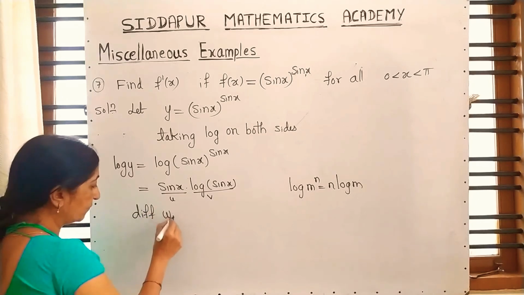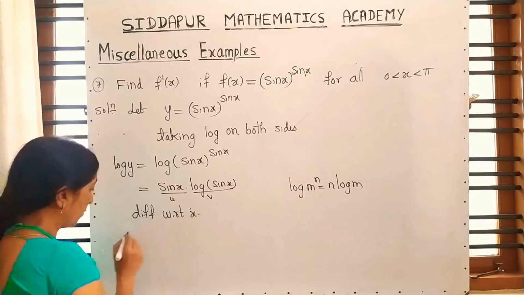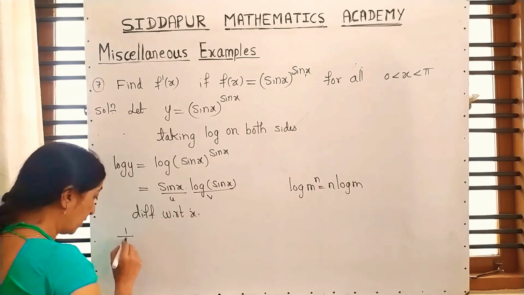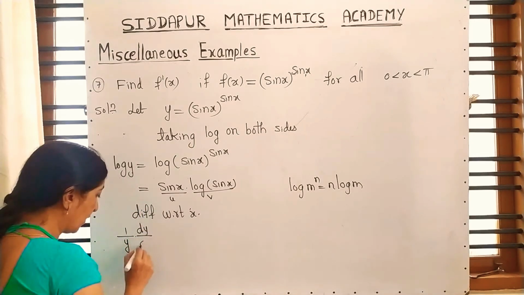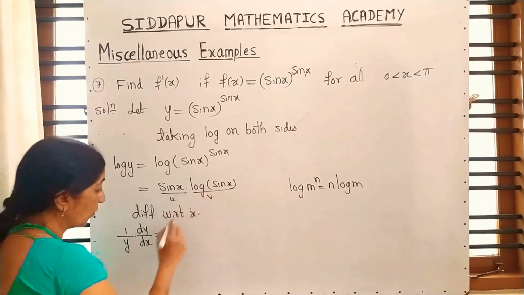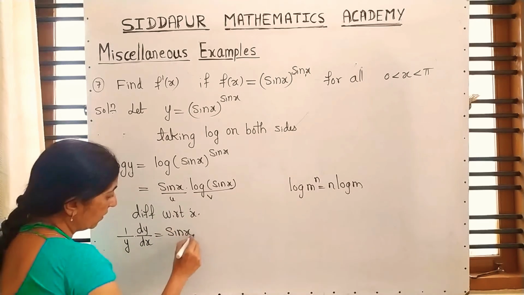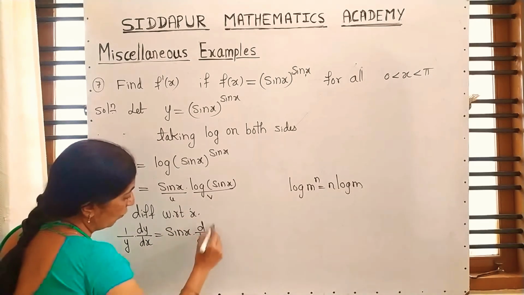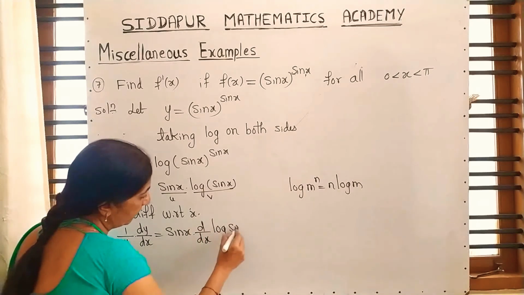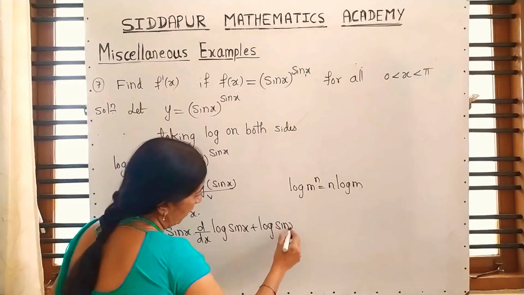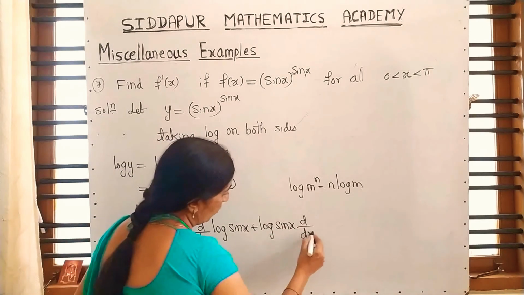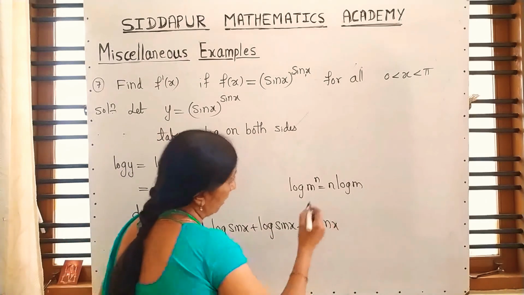Differentiating with respect to x. Differentiation of log y is 1 by y into dy upon dx. This is u into v: sin x into differentiation of log of sin x plus log of sin x into differentiation of sin x.